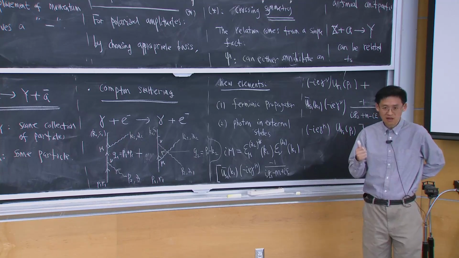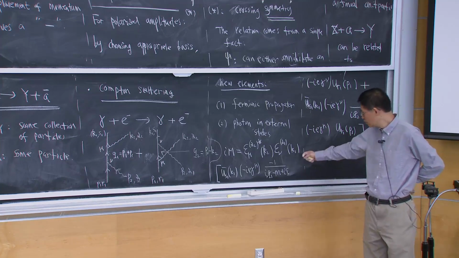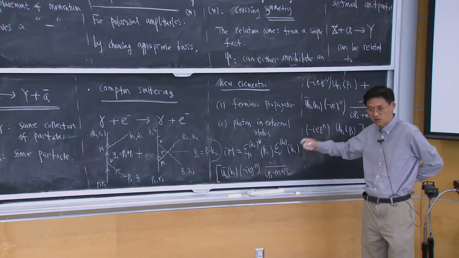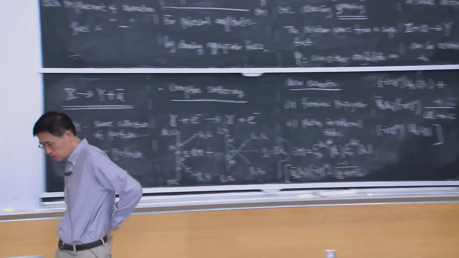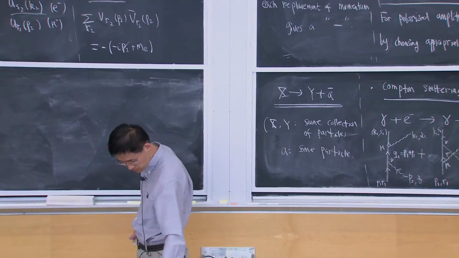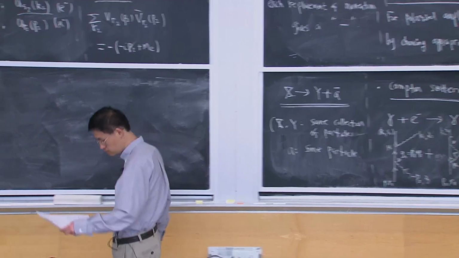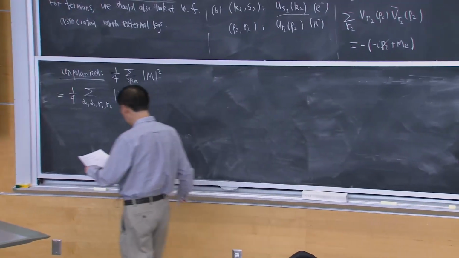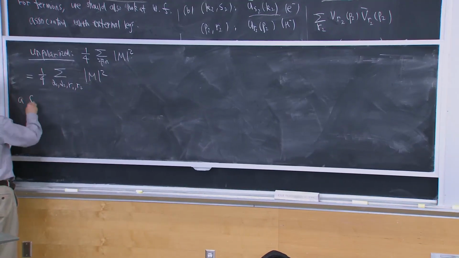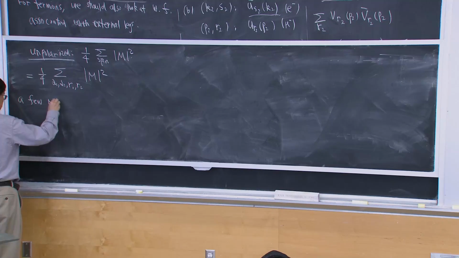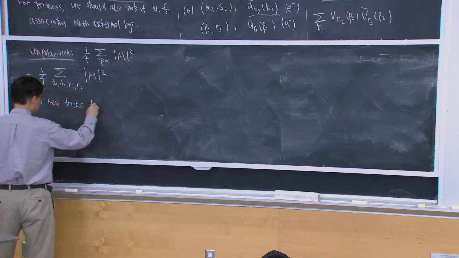So I will just explain what new tricks are needed to compute this, and we will not actually do a genuine calculation. So, a few new tricks in order to do the calculation.